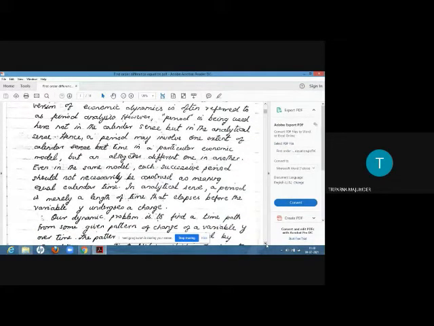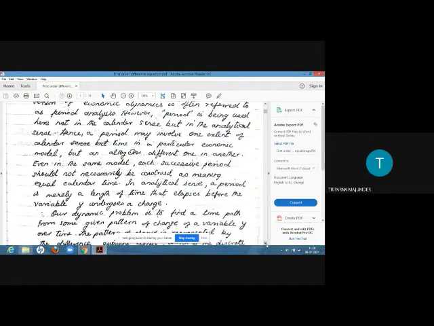In the analytical sense, a period is merely a length of time that elapses before the variable y undergoes a change. It is not like the 13th of July is different from the 12th of July. No, a period is just the length of time that elapses before the variable y undergoes a change.